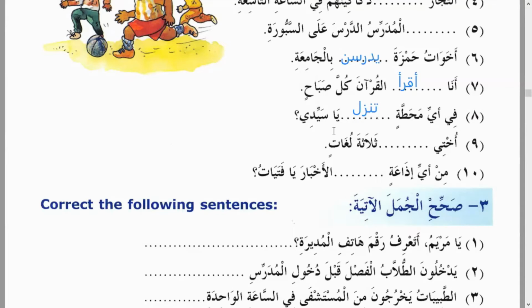Oh, sir. أختي dash ثلاث لغات. ثلاث لغات. My sister. This one, ninth one. No, yeah. No, not understand here. So we'll use the know one. Not alima ya'lamu, another arafa.